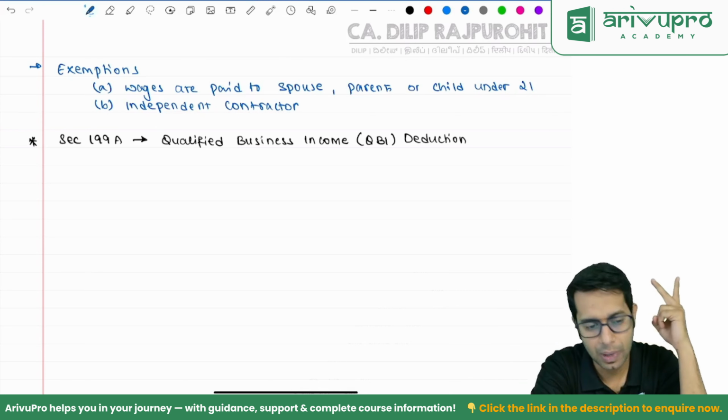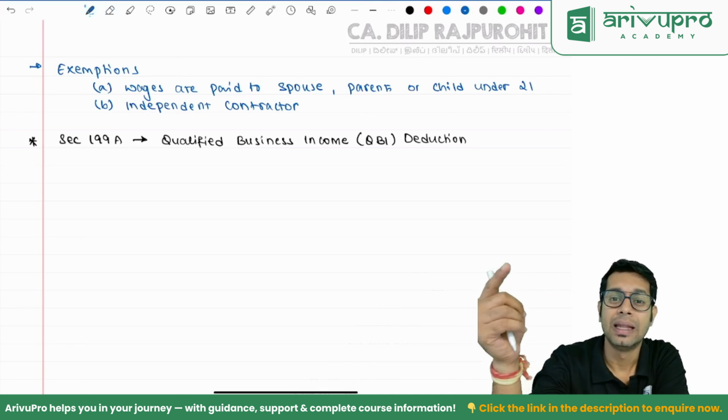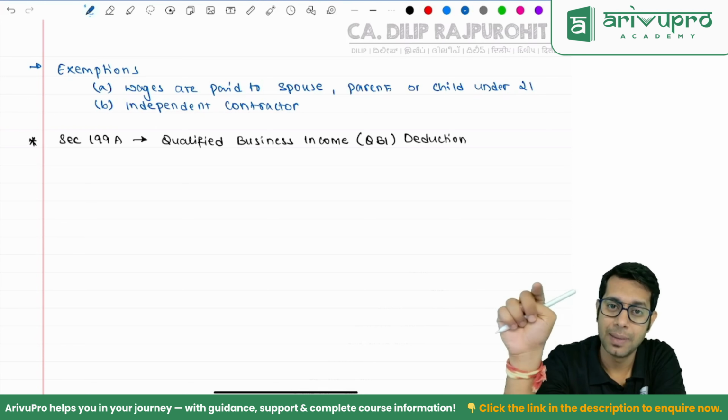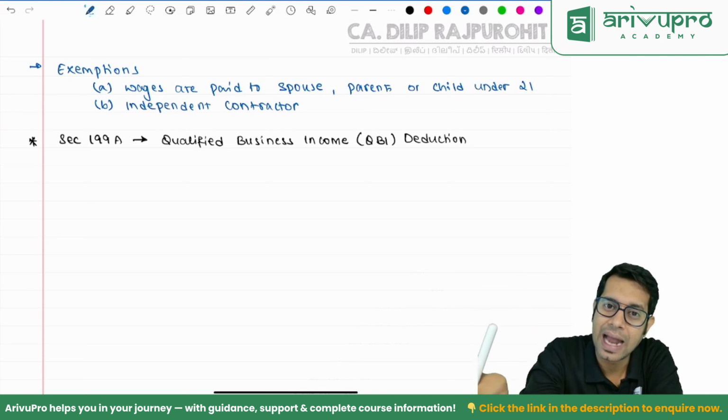The taxes will be paid by the owners of those businesses. The income which is earned by them will not be taxable in their hands, it will be taxable in the hands of their owner.